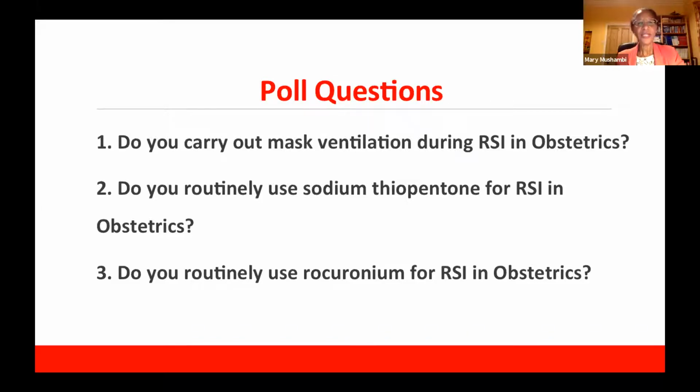The second one, do you routinely use sodium thiopental for rapid sequence induction in obstetrics? And lastly, do you routinely use rocuronium for rapid sequence in obstetrics? So if you can all answer the questions, and hopefully we'll have the results soon.